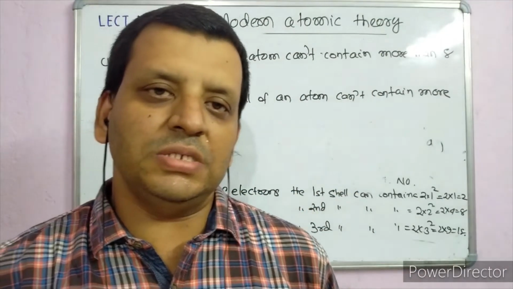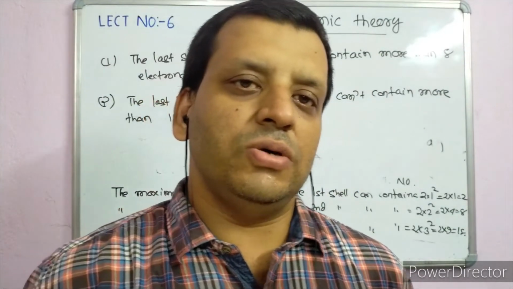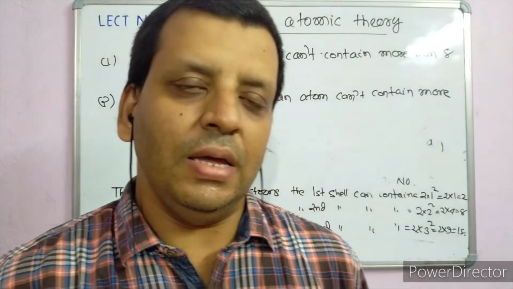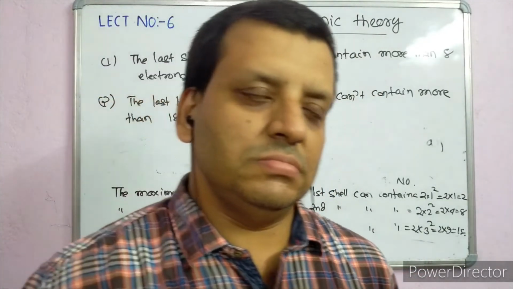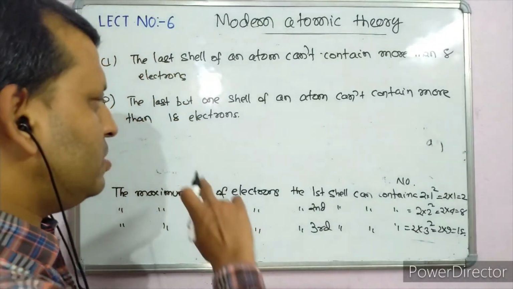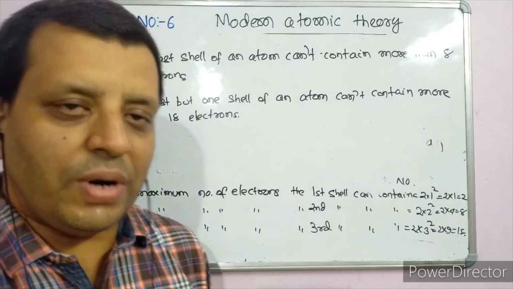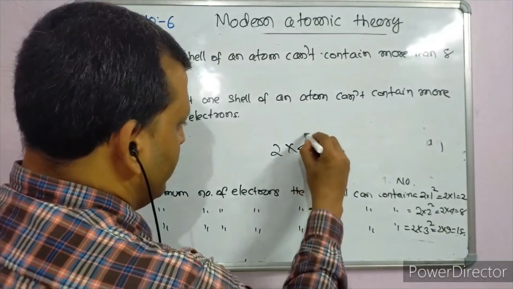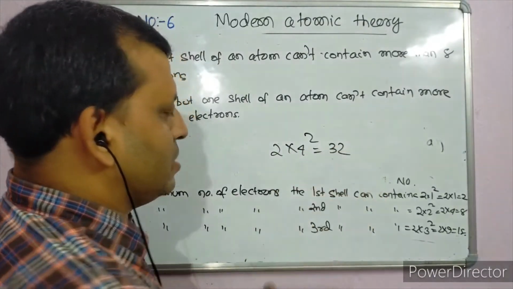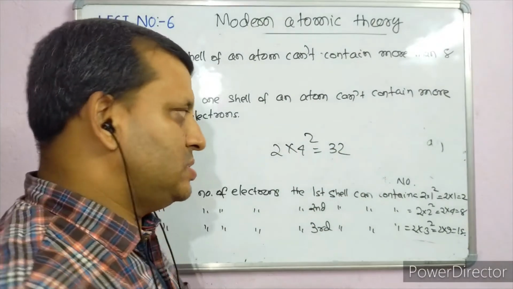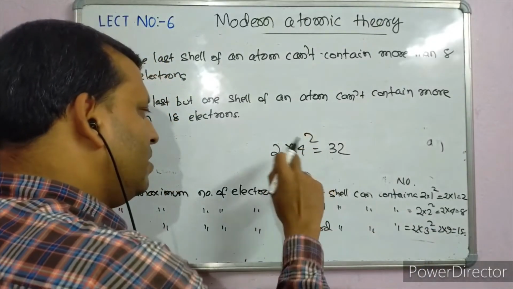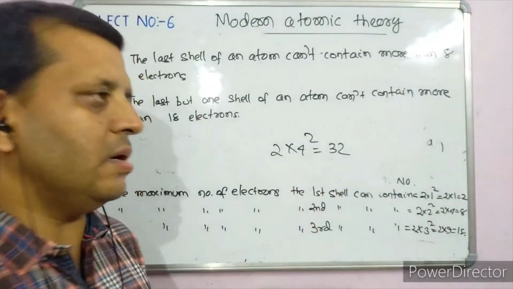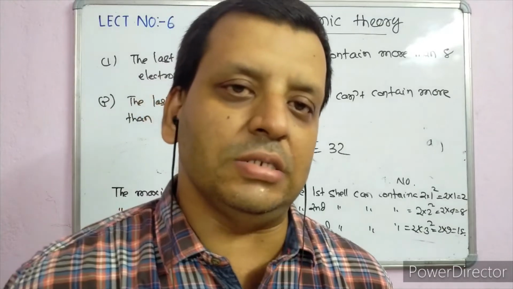Suppose that an atom has 4 shells. According to our formula, the fourth shell should contain 2 into 4 square, that is 32 electrons. But since it is the last shell of that atom, it cannot contain more than 8 electrons.